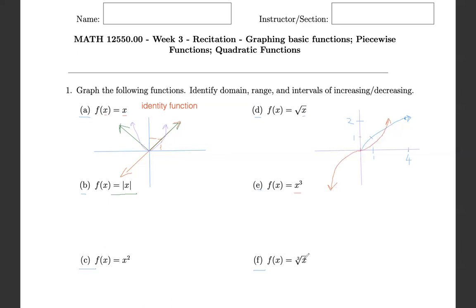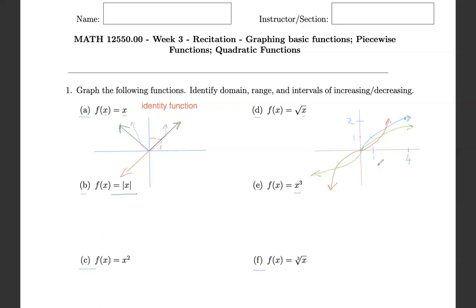Cubic root of x, a little bit similar to square root of x, but the domain is everything. So let me use a green color to graph. So cubic root looks like this. It's also roundish. And then on the third quadrant also. You can always give a couple points, right?